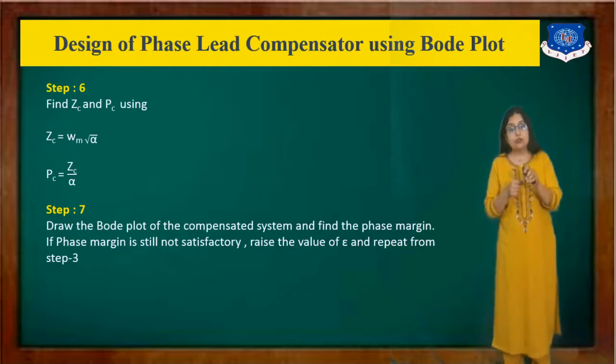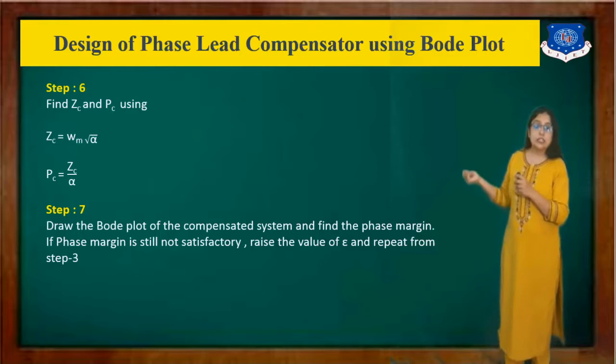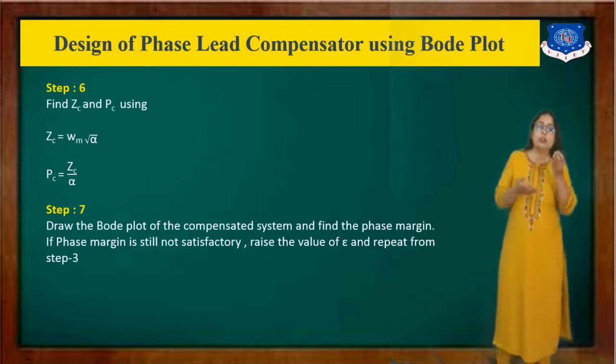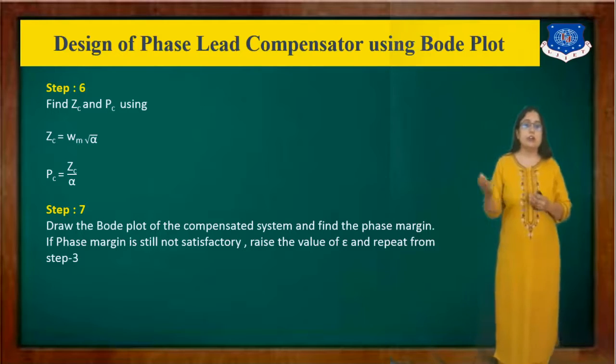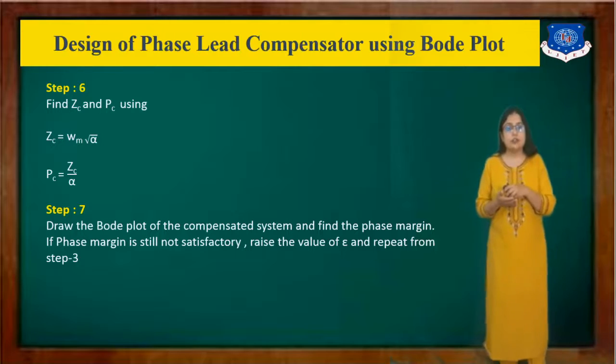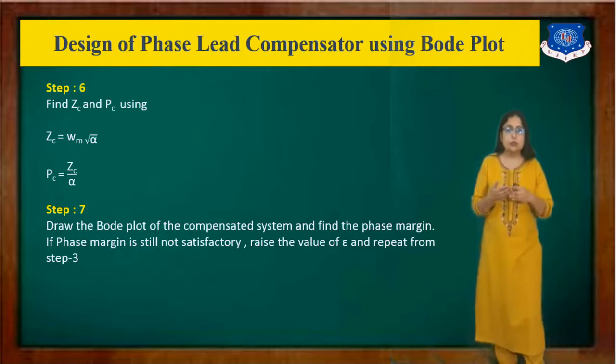That means again you have to draw the Bode plot and check whether it satisfies your required phase margin or not. Maybe your required phase margin is 50, but after applying the compensation technique you get a phase margin equal to 49. Then you have to change the value of theta and repeat all the procedure from step number 3.